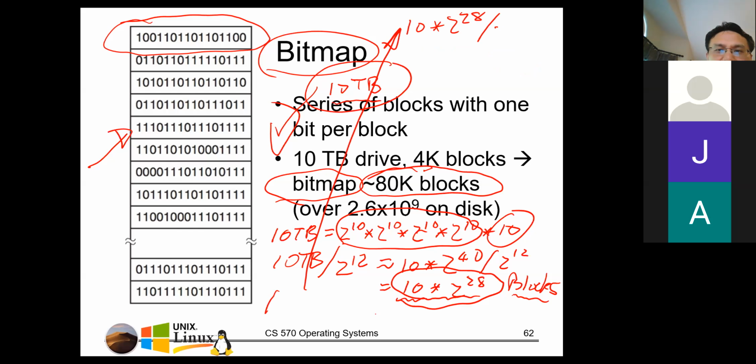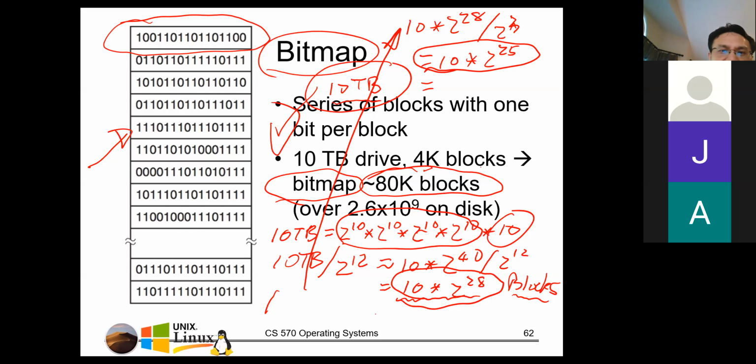Divided by 2 to the power of 3. And this would be 10 times 2 to the power of 25th, right? So you need these many bytes actually, right?